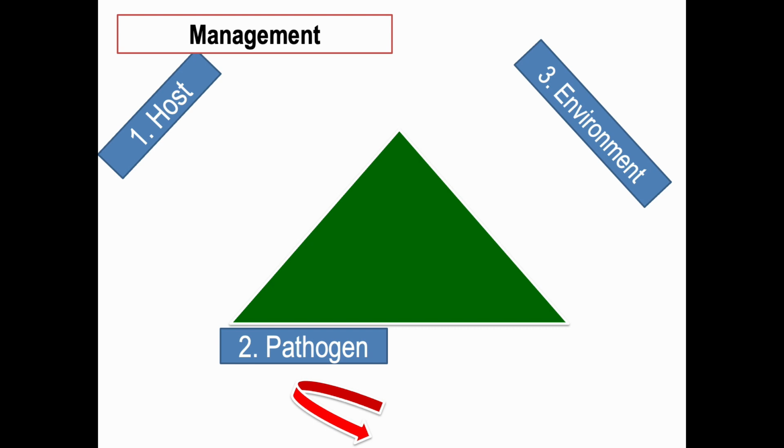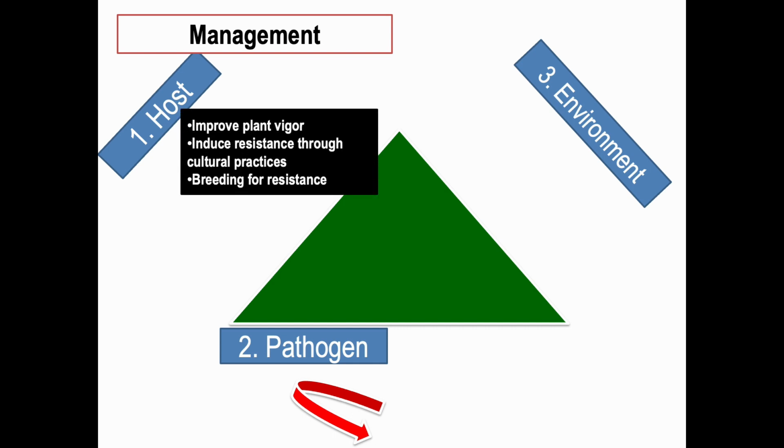At the time of adopting any management practices, we have to take care of three components: number one, host, then pathogen and environment. The management practices which are in favor of the host are improving plant vigor, inducing resistance through cultural practices, and breeding for resistance, and many more examples are there.